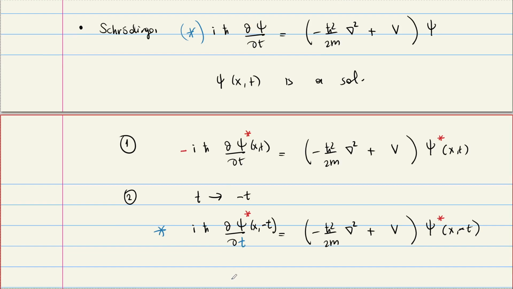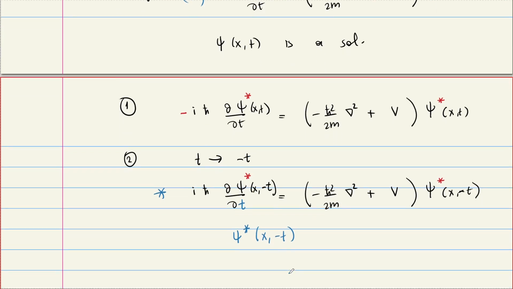In the second case, my solution is ψ star of x comma minus t. If you give me a solution, by this operation I immediately obtain another solution. Good. So this is the key move, and this is critical, very simple, but if you have any problems we can discuss. So this is also a solution which we obtained from the symmetry.